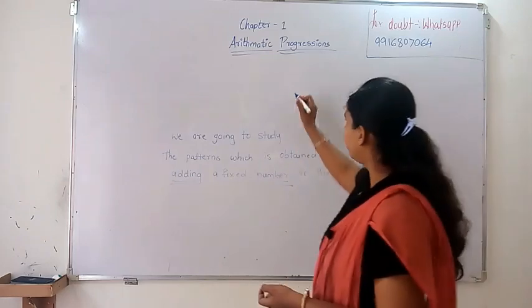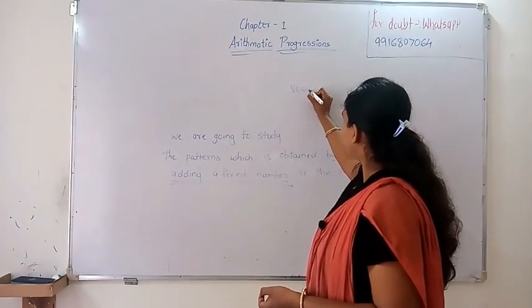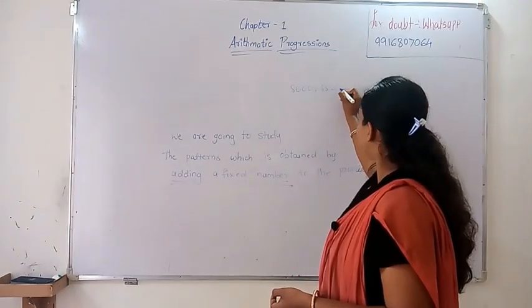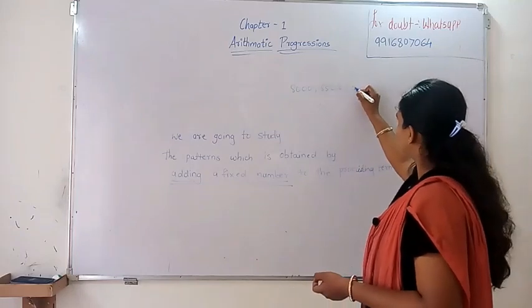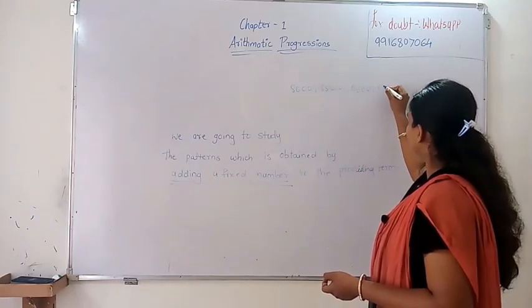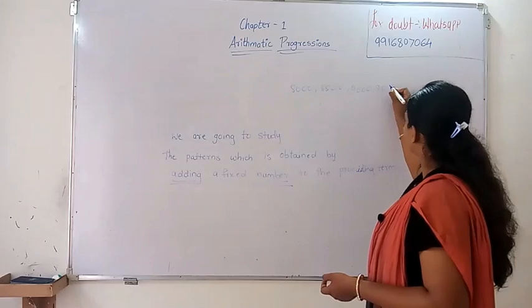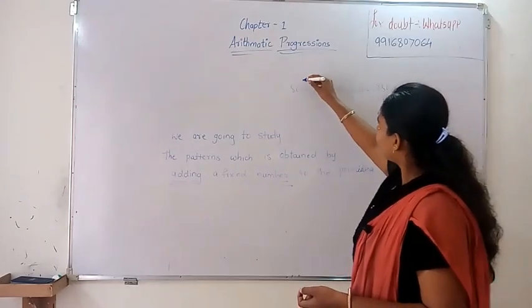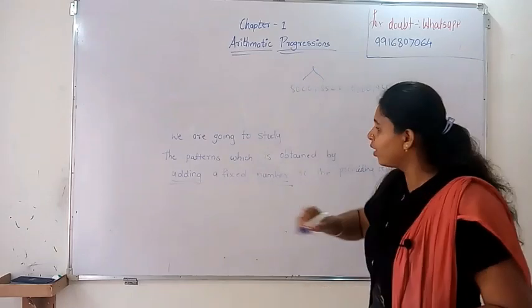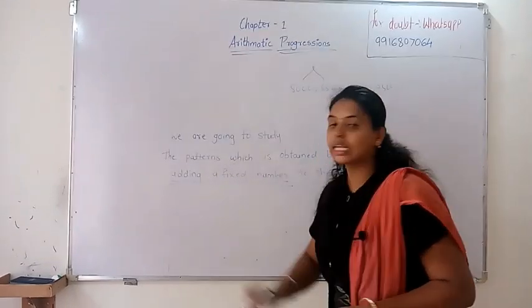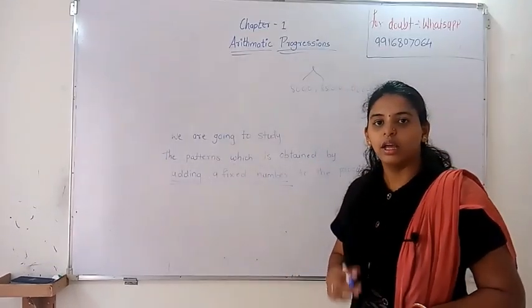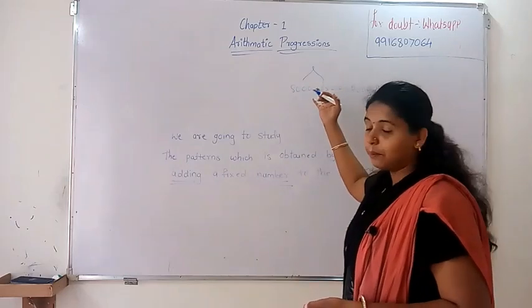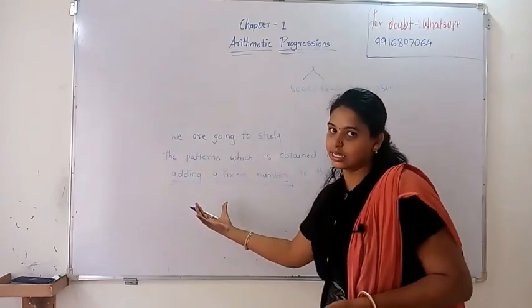For example, I have shown you 8000 and 8500. This example we have seen. See here, all of you, one fixed number is getting added, correct? This example satisfies this sentence.